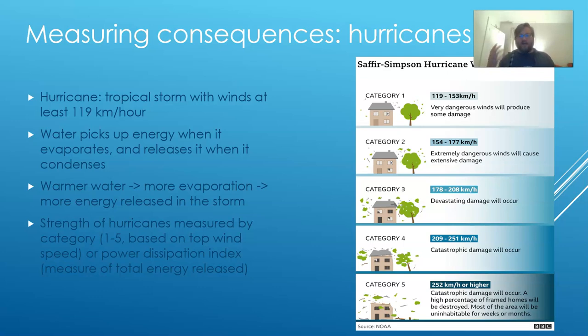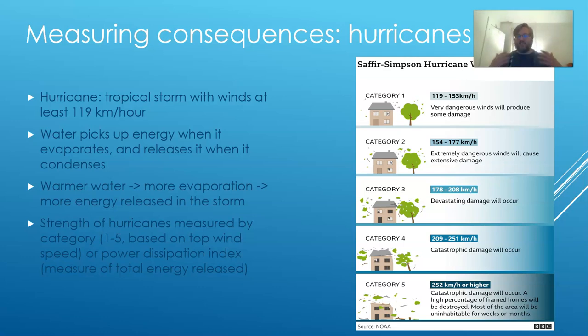Hurricanes are huge storms that are driven by energy that comes from the warm ocean. So as the ocean warms up, that causes water to evaporate. And as water evaporates, it picks up energy. So it sucks in energy as it evaporates.